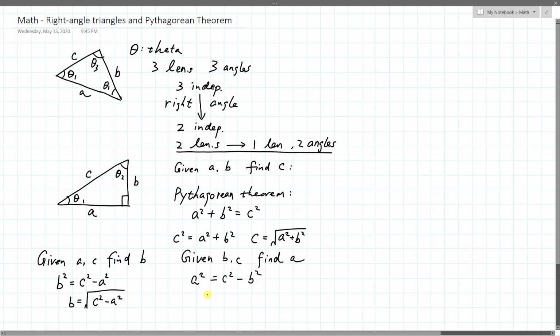Then we take the square root on both sides of the equal sign, and A is equal to the square root of C squared minus B squared. So this is basically how to use the Pythagorean theorem to find the missing length, given two lengths. And we haven't talked about these angles. There are also two angles that we should be able to find given these two lengths. So we'll do a little preview here.